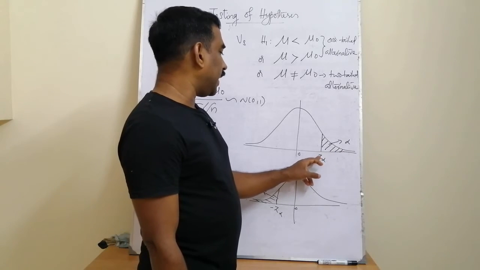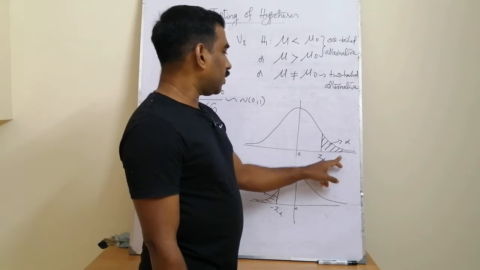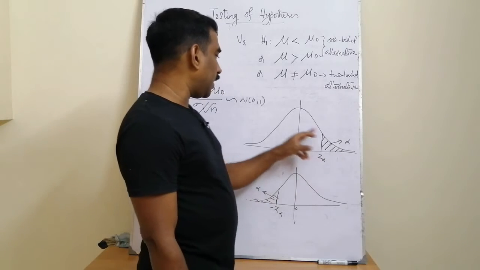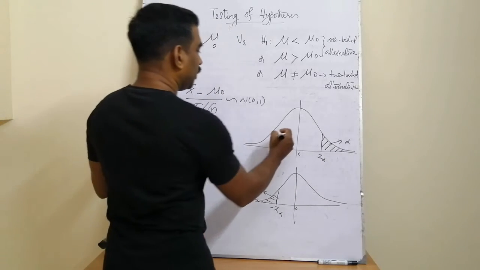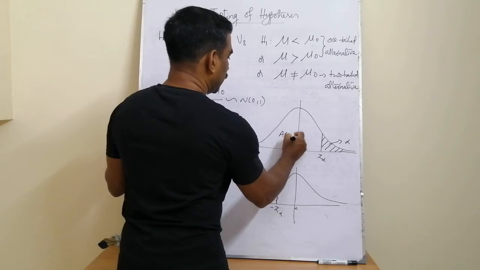So the numbers z greater than z alpha are called numbers lying in the rejection region, and this complement region is called the acceptance region.